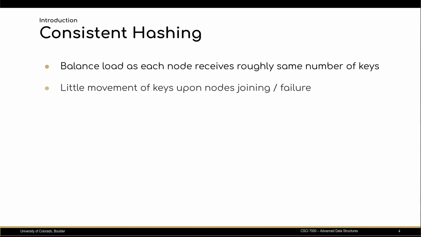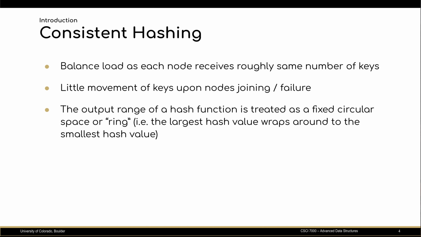So in a traditional hash table, the way we build any hash table, whether it is a universal hash function or even perfect hashing, we have to define the size of the hash table upfront. And when the size of the hash table changes, for whatever reasons, we need to remap the keys again.